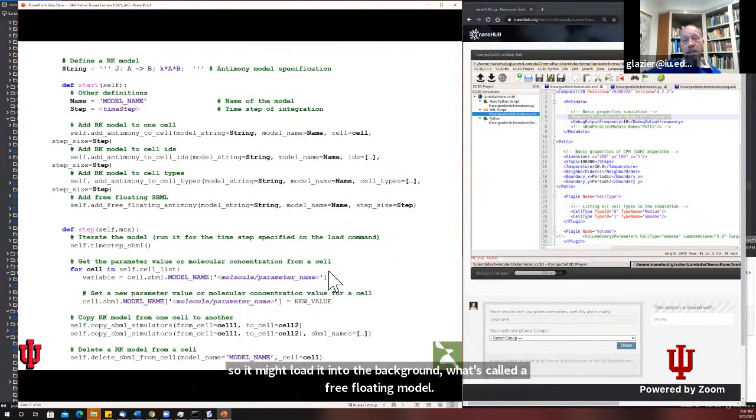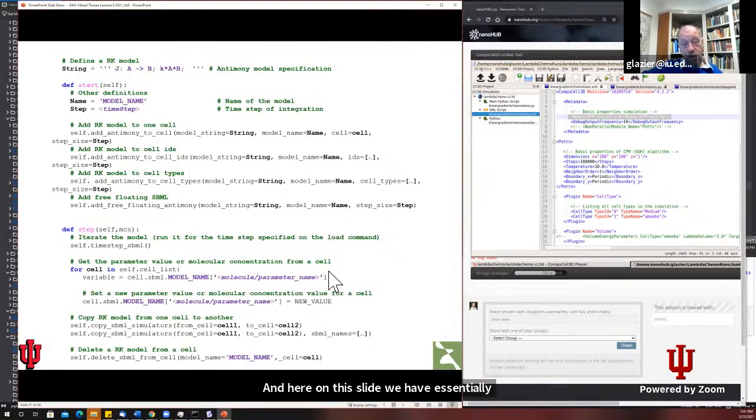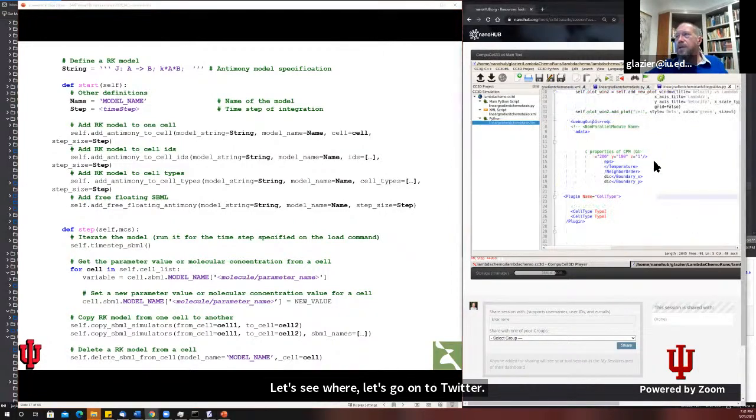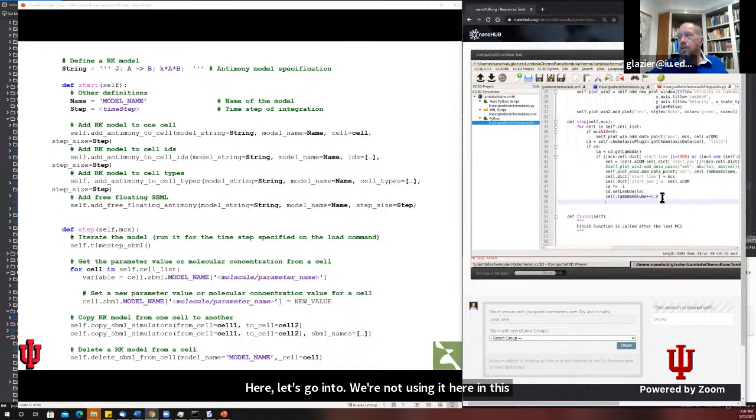And here on this slide, we have essentially all of the functions. These are all available if you go into Twedit and go to SBML. We're not using it here in this model, but let me just show you what the options look like.